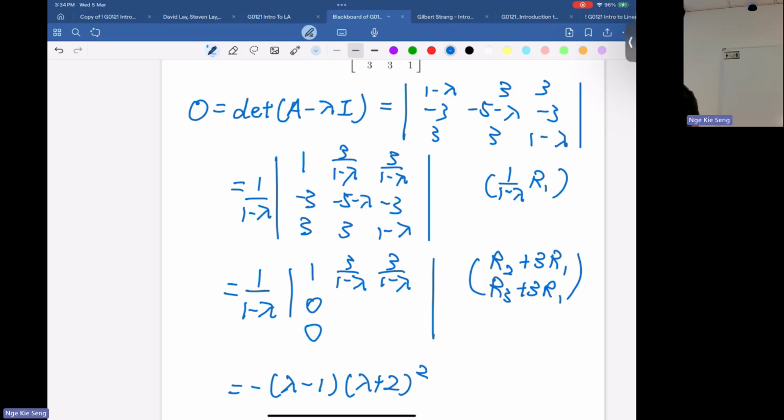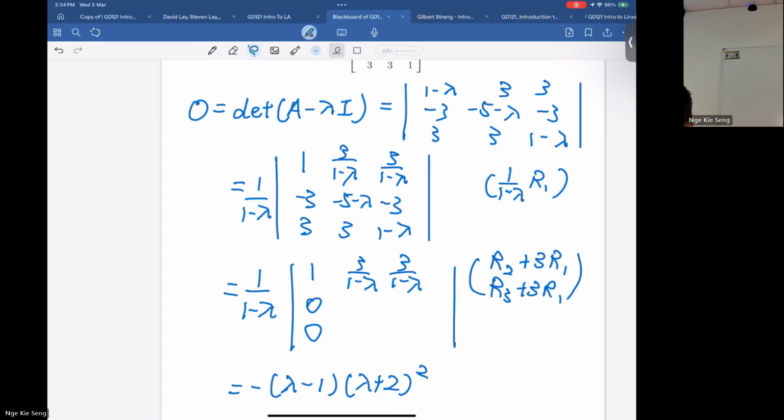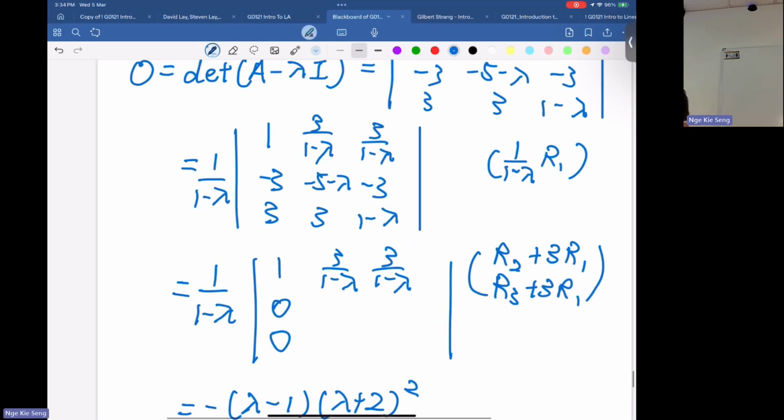Obviously we're going to make the first column 0 below the pivot position. How about the other terms here? Is it messy or not? Maybe just write it out first. Minus 5 minus lambda plus 9 over 1 minus lambda.